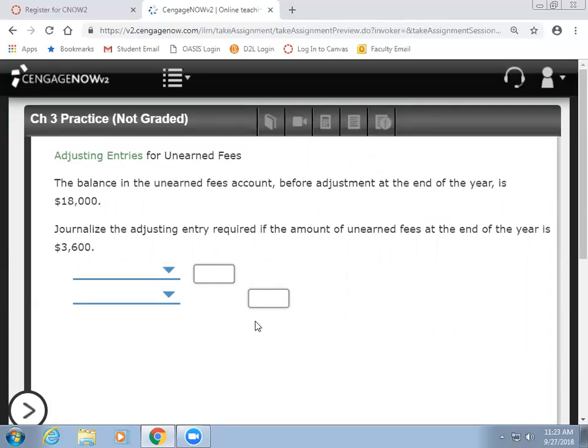So it says, this is an adjusting entry for unearned fees. When we see the word unearned fees, we know that's a deferred revenue, okay? The balance in the unearned fees account before adjustment at the end of the year is $18,000. Journalize the adjusting entry required if the amount of the unearned fees at the end of the year is $3,600. So again, we're dealing with unearned fees, which is a liability.